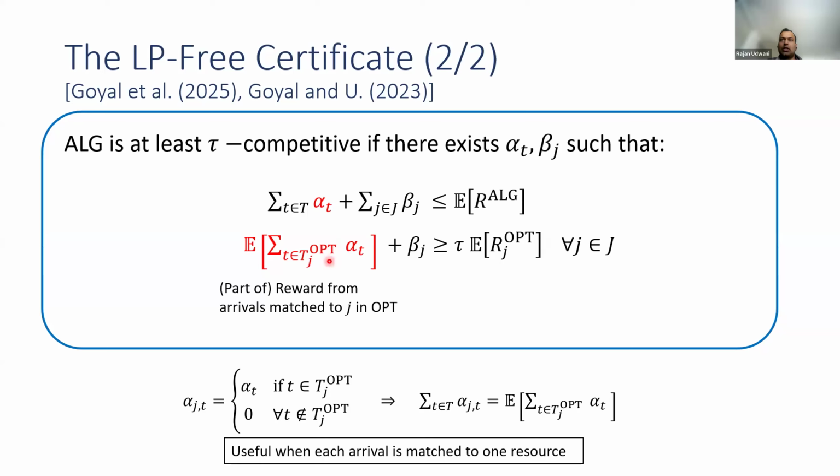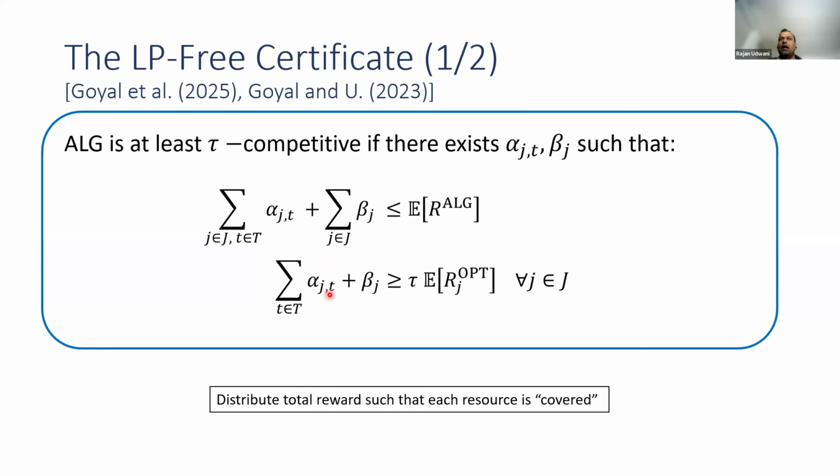We'll see some demonstration of this later on, but I just wanted to bring it out. This version of the framework is particularly useful when each arrival is matched to one resource. The simpler version is more natural when an arrival t may be matched to multiple resources, like in the setting where I match t to a resource, it fails, I match it to another resource, and so on. Okay, so if you keep this one in mind, we should be good for the most part.